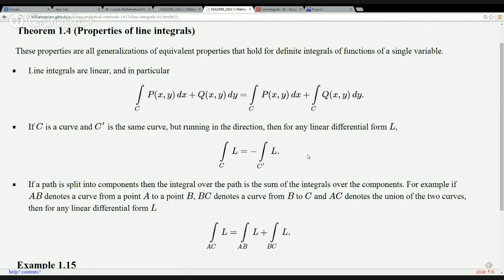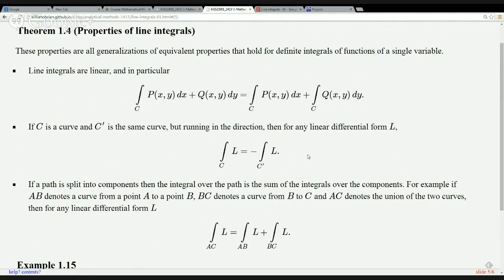So integration carries this sign. It's sensitive to the direction in which you move. If you move along the number line in the opposite direction, you're going to get the negative of whatever you get going in the other direction.